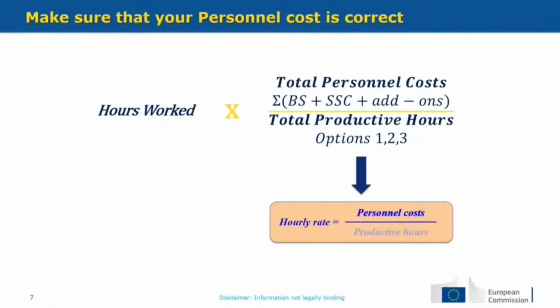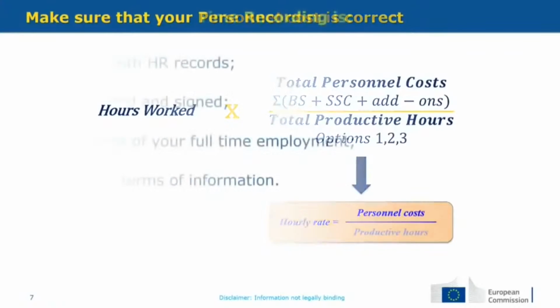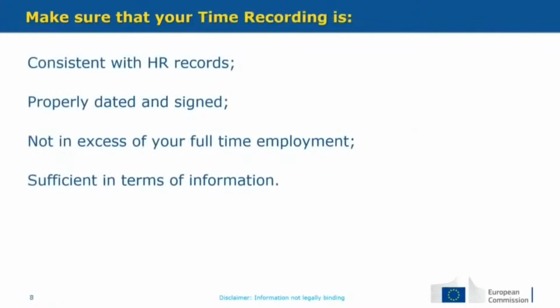This second part of the equation is called the hourly rate. For the number of hours, we would advise to make sure that the time recording system is reliable. Some advice from an audit perspective.